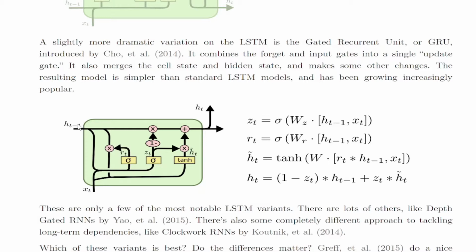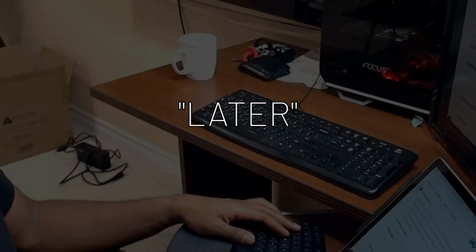I just have to better understand exactly what these things are rather than the fuzzy, theoretical understanding I have right now. But that will come later. I'm learning more about GRUs right now.